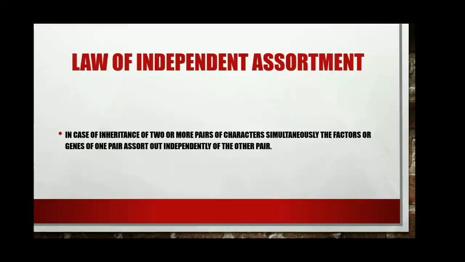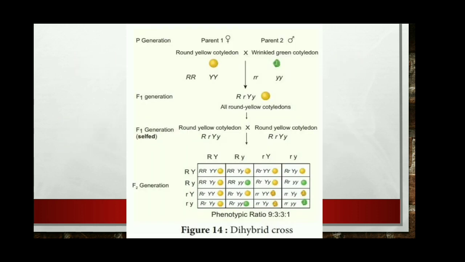Independent assortment states that in case of inheritance of 2 or more pairs of characters simultaneously, the factors or genes of one pair are sorted out independently of the other pair. Here in the F1 offsprings, the genotype was capital R small r, capital Y small y. Capital R is responsible for round, small r for wrinkled, capital Y for yellow, small y for green.